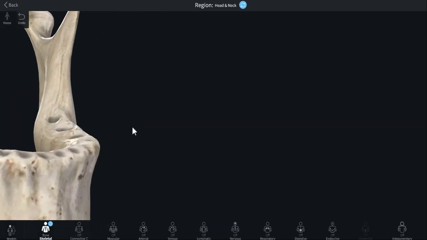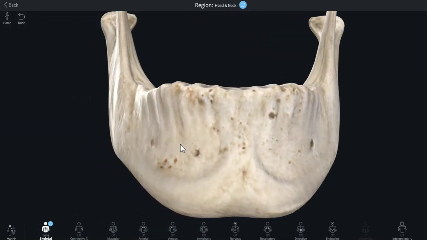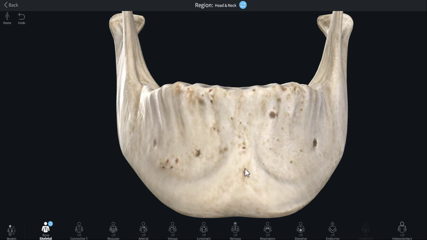This is actually a triangular structure located near the base. This triangular protuberance of the mandible is known as the mental protuberance. So the symphysis menti reaches the mental protuberance towards the base.